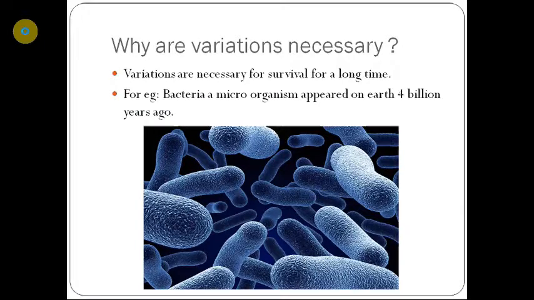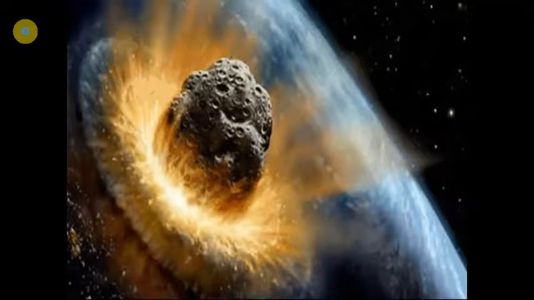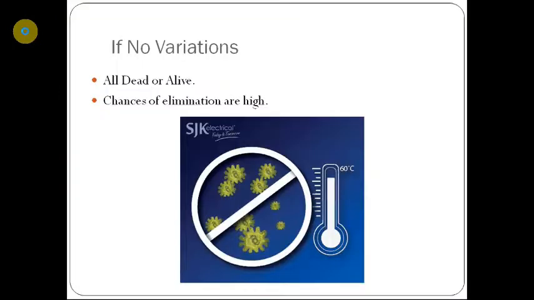If no variation had occurred in the past, all the bacteria would die, or all of them would survive. But if a small group of bacteria survives, they will go on to reproduce bacteria with more or less variations.